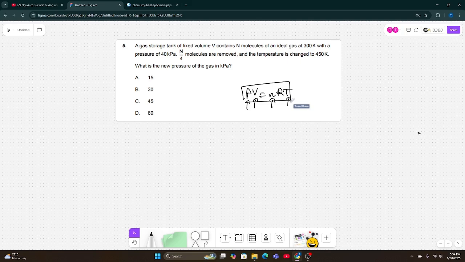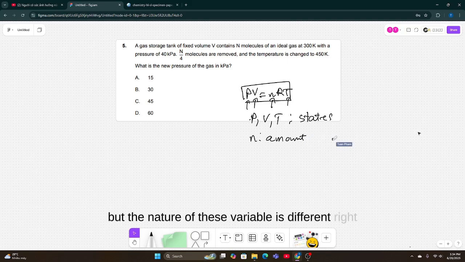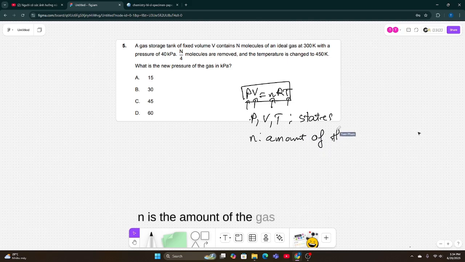Here, I want to distinguish the P, V, and T. These are the states of the gas, right? And n is the amount of the gas. So no doubt that P, V, and T are all variables, but the nature of these variables is different. n is the amount of the gas.